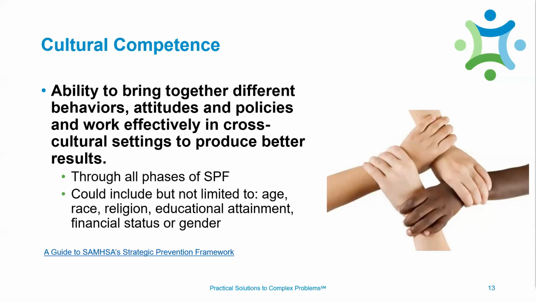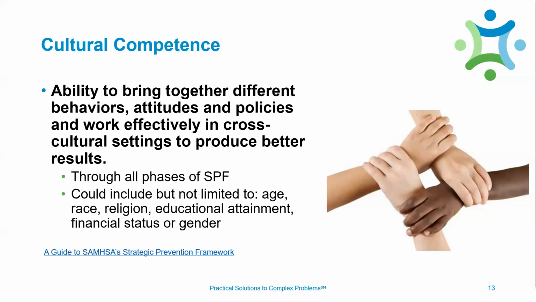We also could include, but not limited to, other attributes like age, race, religion, educational attainment, financial status, and gender, depending on your community and when you do assessments, planning, and even capacity building. Different communities might look at these pieces differently depending on what your work is directed towards.